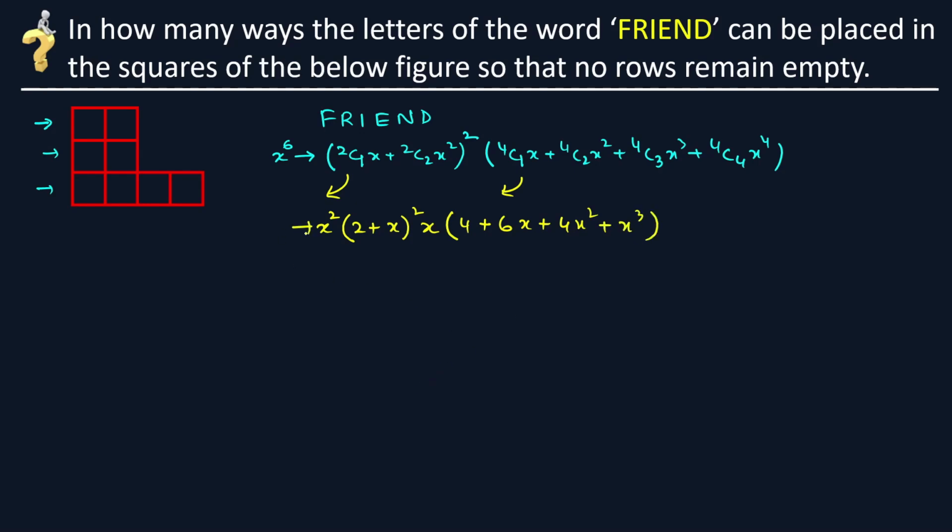So we need to find out the coefficient of x to the power 6 here. Now since we are having x square and x, that is x cube we have already got. So I need to find out the coefficient of x cube in this expansion. Am I correct or not? Okay, so let me multiply this. 4x plus x square.